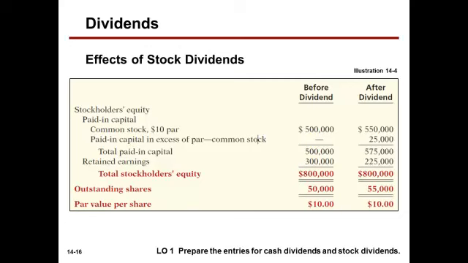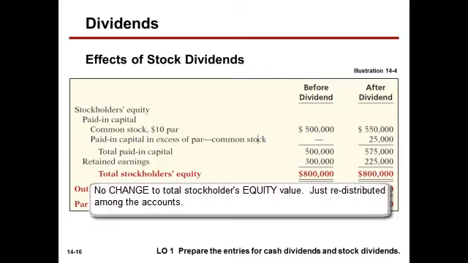In effect here, we have a reclass from our retained earnings. It was $300,000, moved to $225,000, and the paid-in capital moves from $500,000 to $575,000. Simply a reclass of $75,000 between lines within the equity section of the balance sheet. No change to the par value per share.